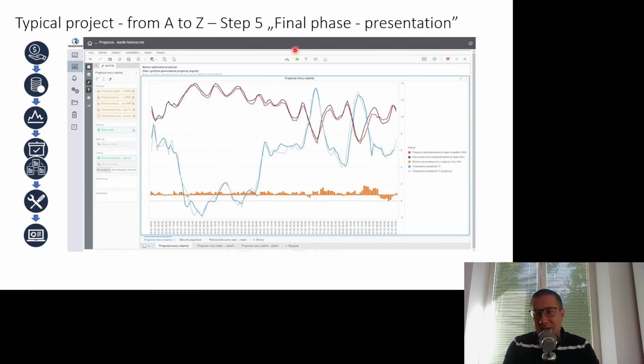So this is a big IT system and the AI method is part of the system. So for instance, here's the graphical user interface that presents the real heat demand here in black and predicted heat demand for a few days ahead here in red.